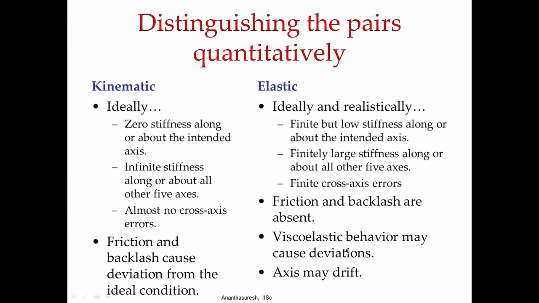But viscoelastic behavior, whether it is made of polymers or metals, can cause deviation. Sometimes the axis itself might drift a little bit, which does not usually happen in kinematic pairs. We need to understand these two very well, as to what kinematic pairs can do and what elastic pairs can do.